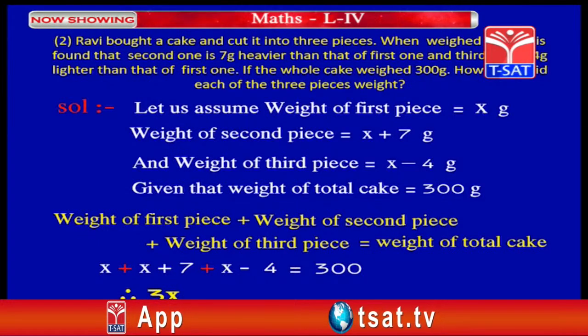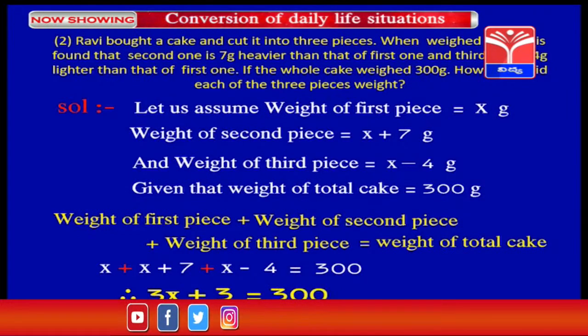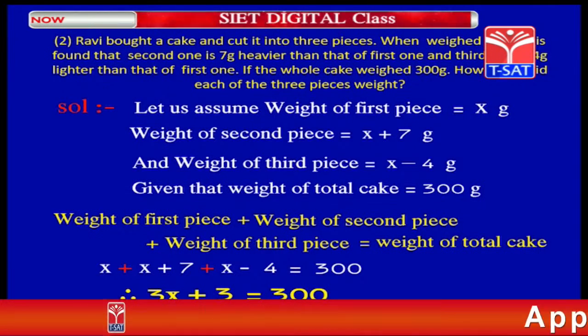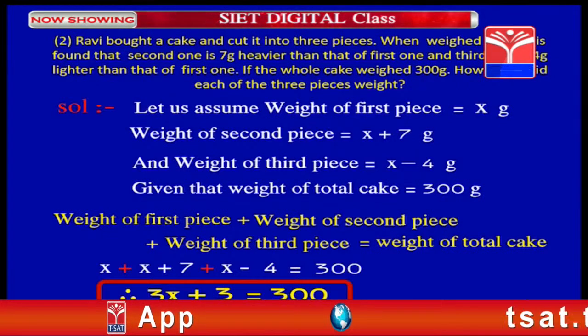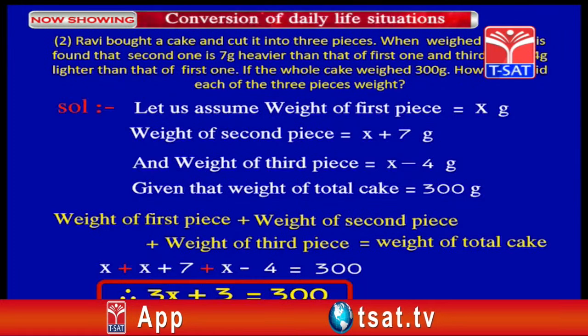Therefore, plus 3 is equal to 300. Finally, we will get 3x plus 3 is equal to 300. It is the required linear equation in one variable for the given question.